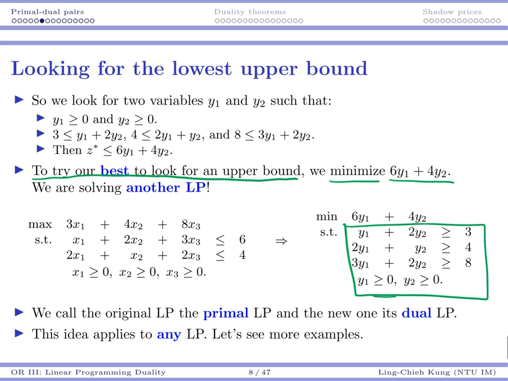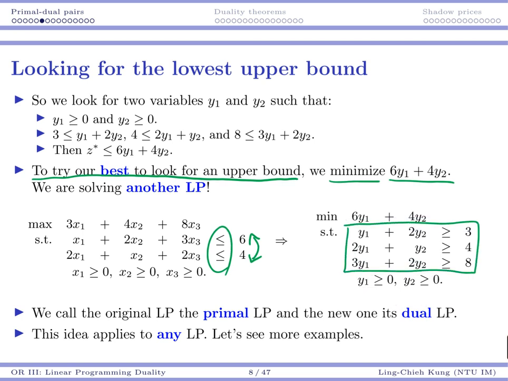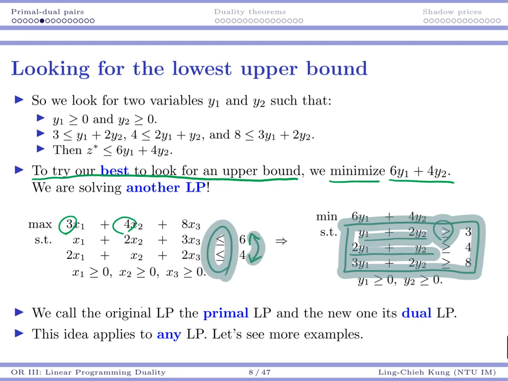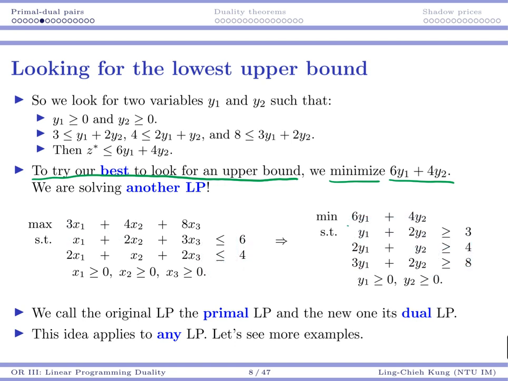We need to make sure that our y1 and y2 are non-negative so that after we do the combination, we still preserve the direction for inequality. We need to make sure that our y1 and y2 satisfy all these conditions so that 3 is less than or equal to the outcome, 4 is less than or equal to the outcome, and so on. As long as we are able to satisfy these 5 constraints, we look for the smallest 6y1 plus 4y2. That would be the best upper bound, the best estimation we may obtain.